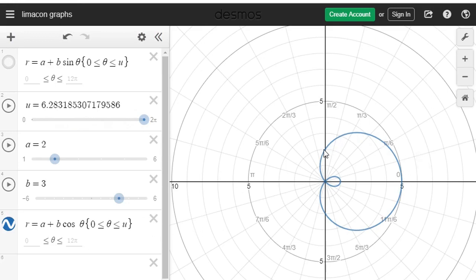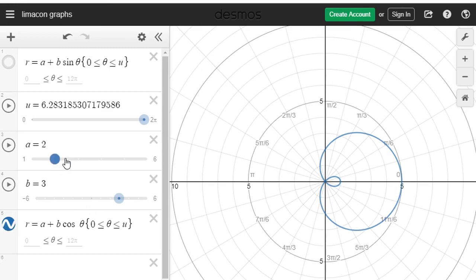When we get to pi over 2, it's going to be at 2. And then when we get to pi, it's going to be all the way at negative 1. So notice when we're at negative 1, that means we're going backwards from being around pi. We're actually going this way. And then it recycles over here and lands at, when theta is 2 pi, we land back at 5.